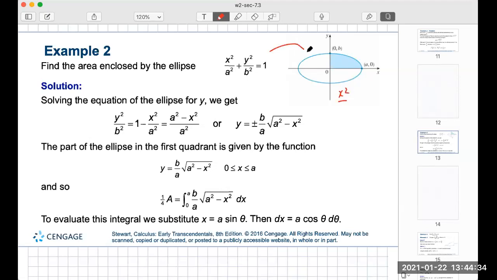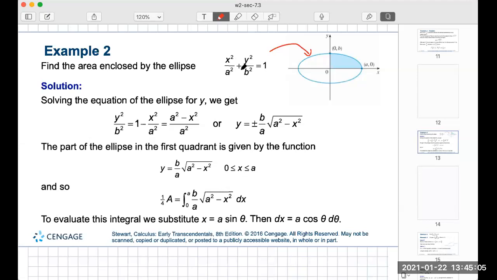Because of symmetry, instead of computing the area of the whole ellipse, we can compute 1/4 of this in the first quadrant, the blue area here. That makes our problem simpler.